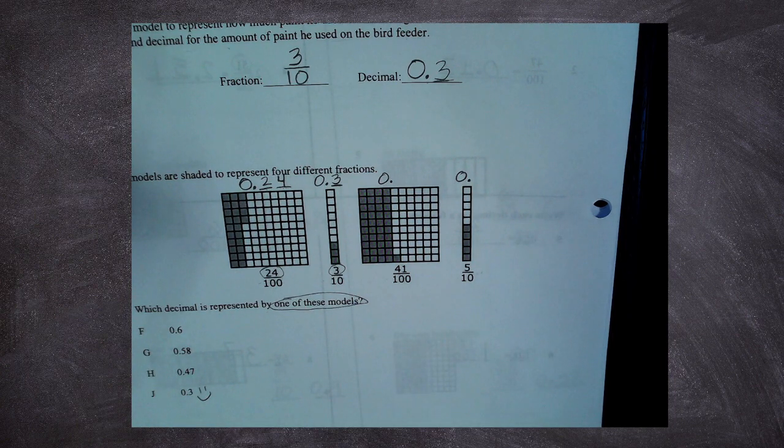What about the third model? Who can help me change the third model into a decimal? They give me the fraction 41 out of 100. I want a decimal. What would it be? Kaylee? 41 goes behind the decimal.